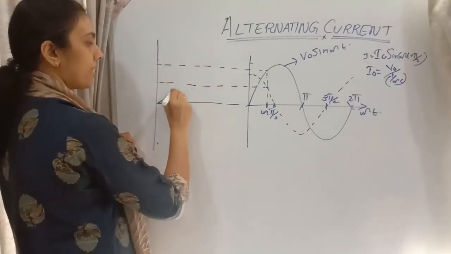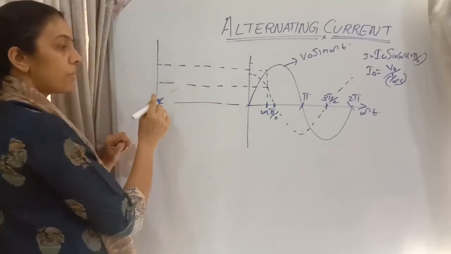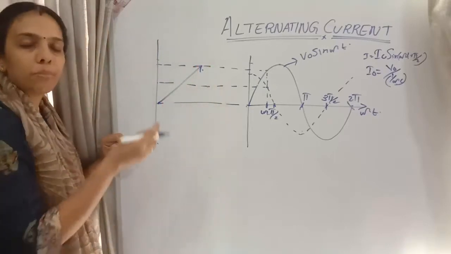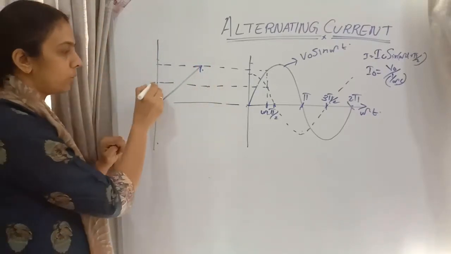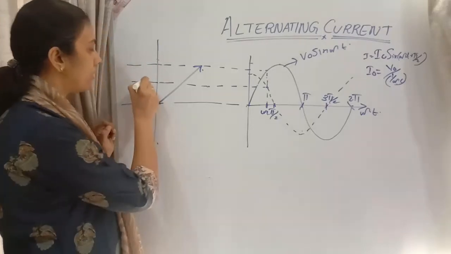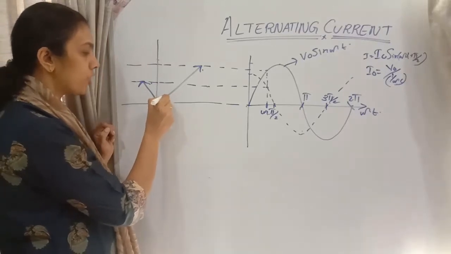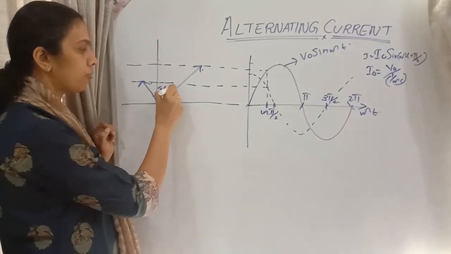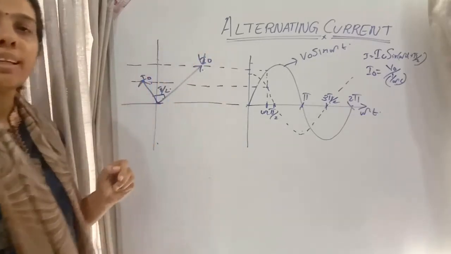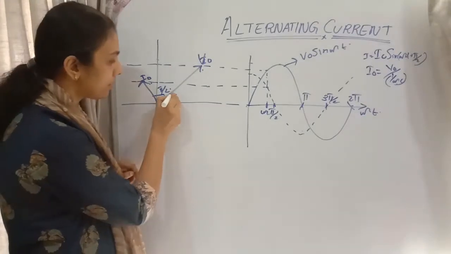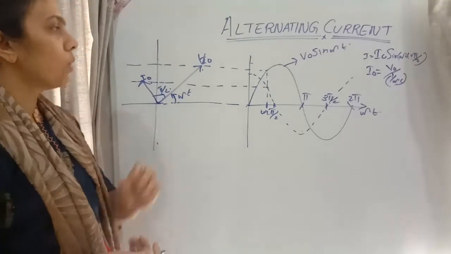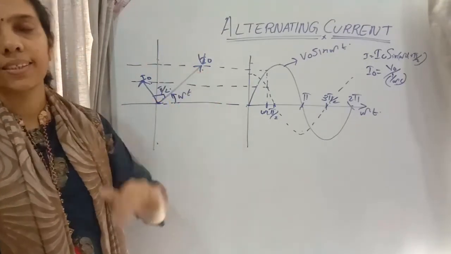Current should be pi by 2 more than the voltage value, so I represent current pi by 2 ahead, with a difference of pi by 2. This is the current value, this is the voltage value. Clear, children? So this is omega t, and this is how we draw the phasor diagram.